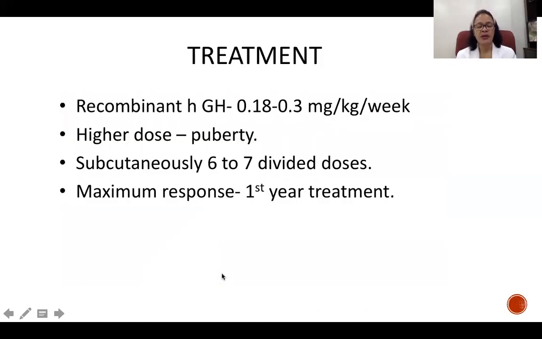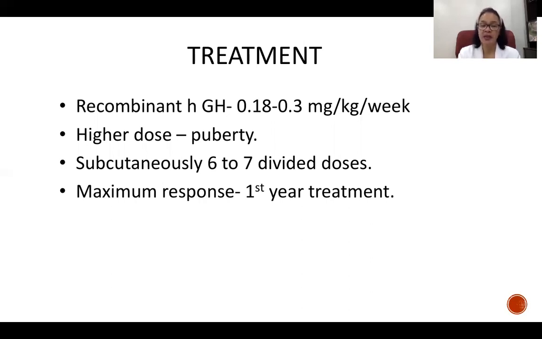Okay, so with regards to treatment of patients with hypopituitarism, medical care consists of hormone replacement, and also the treatment of the underlying cause. Glucocorticoids are required if the ACTH adrenal axis is impaired.